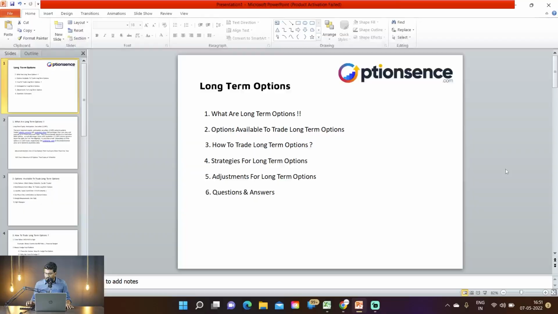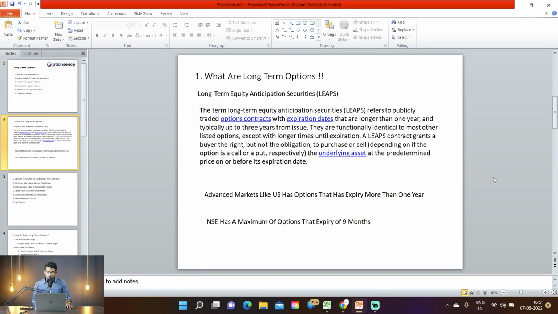What is available to us, what kind of options we can sell, and how we can make money out of these kinds of options. So what are long-term options? As I told you, they are Long-term Equity Anticipation Securities, or LEAPS. Now what is the difference between weekly options, monthly options, and LEAPS, or long-term options? They are similar.